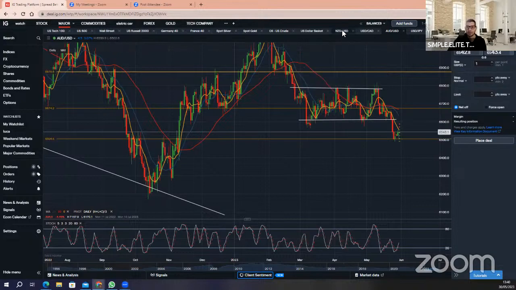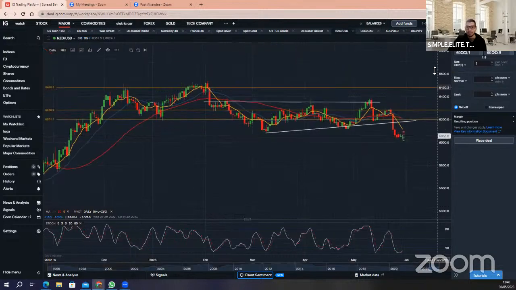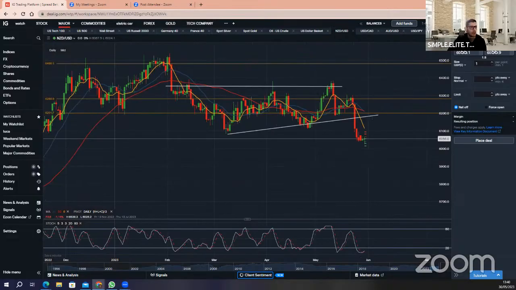Moving on, Swissy, same picture. I would like to see price heading up. There are two options, either this level here or rejecting the 62 here. So I will draw some boxes here to see some zone area.